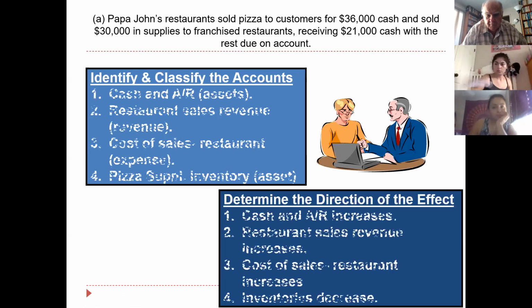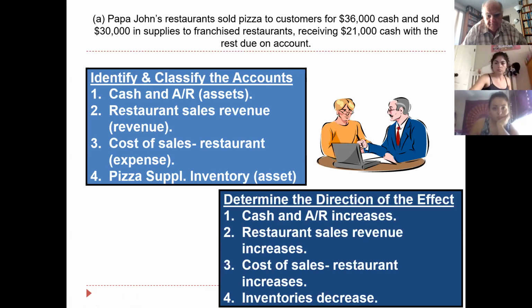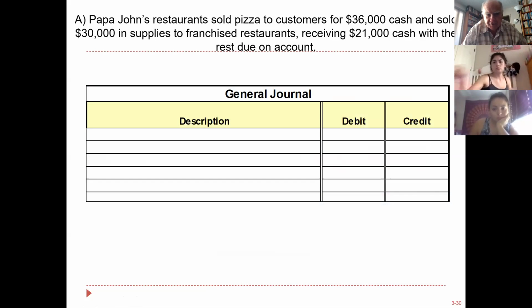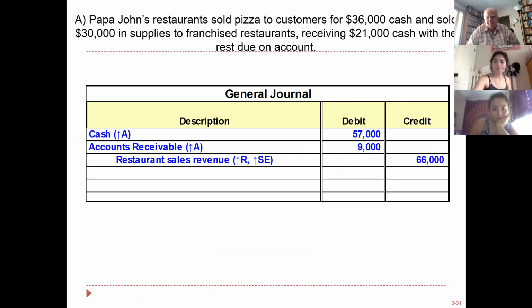So let's see what we're talking about here. This is more of how to think about the transaction. I think we're beyond that with you guys. So let's see what we have here. They sold pizza for 36 and they sold supplies that generated 21. 57,000, right?